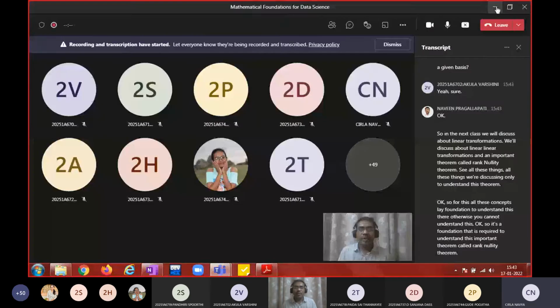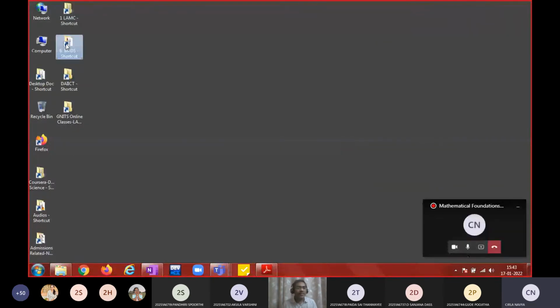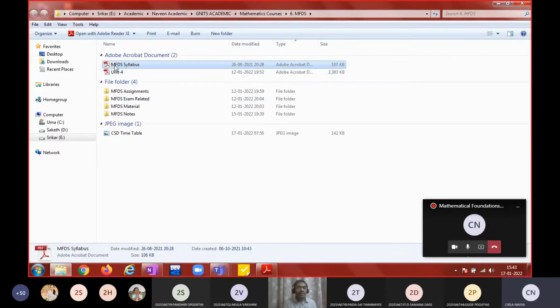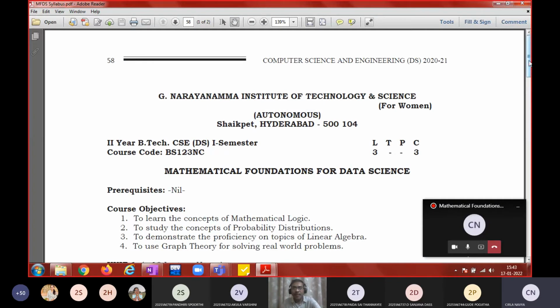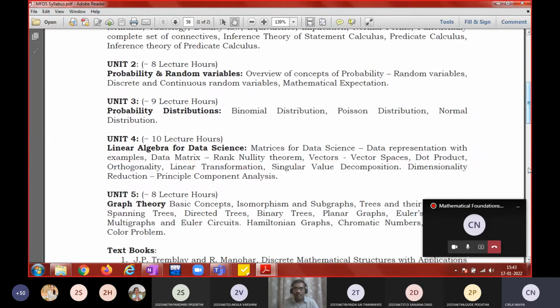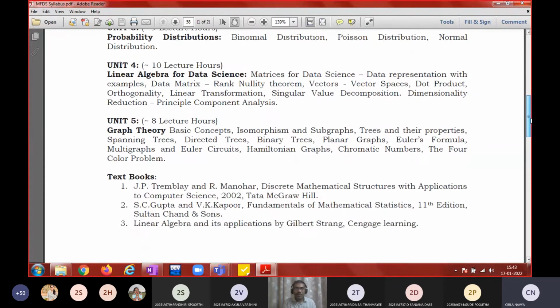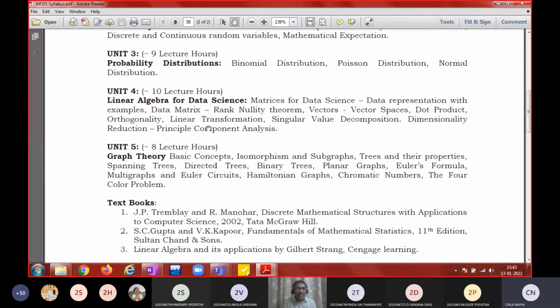And if you look into the syllabus, I would like to show the syllabus once. These concepts are not properly ordered. See here, rank nullity theorem, vectors, vector spaces. Without vector spaces, how can we discuss the rank nullity theorem?